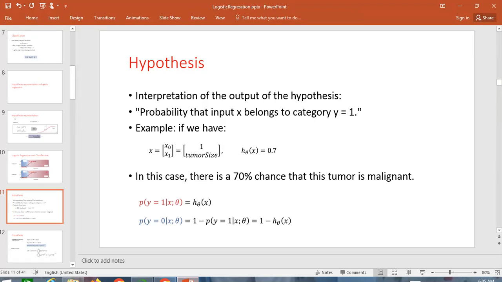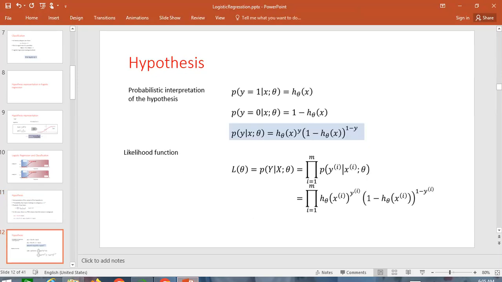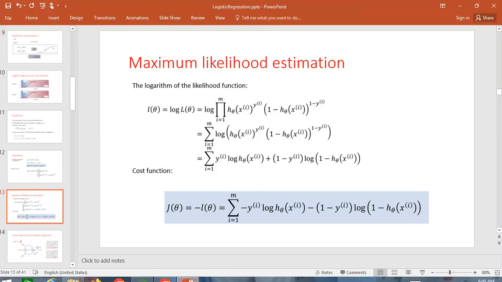That is, we can consider the output as the probability of belonging to class 1. Bernoulli's experiment is an experiment whose result is either success or failure. Here we can consider success as belonging to class 1 and failure as belonging to class 0.